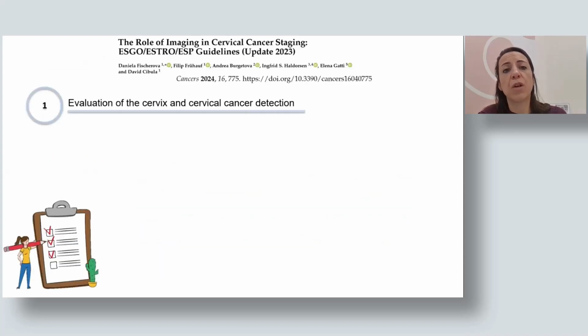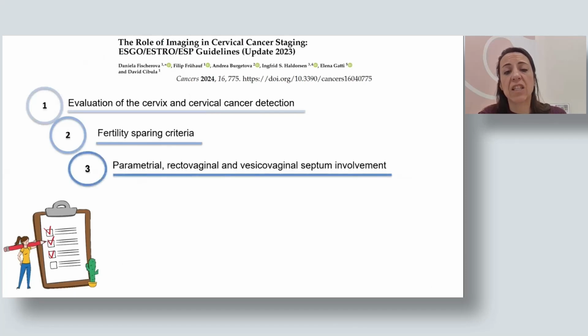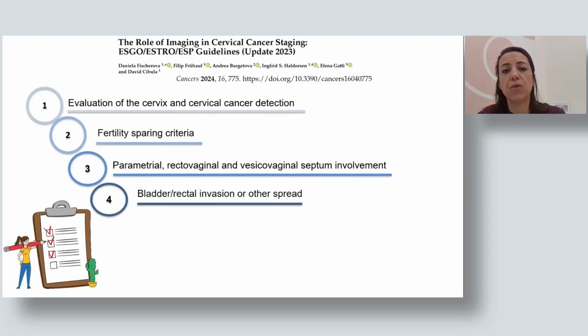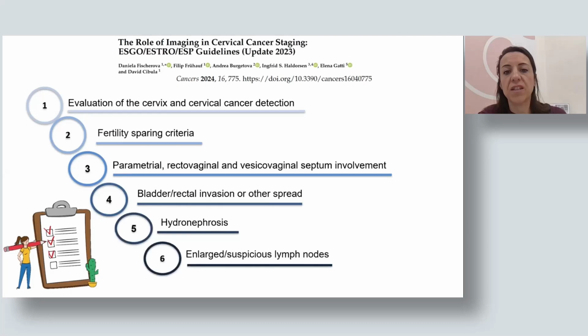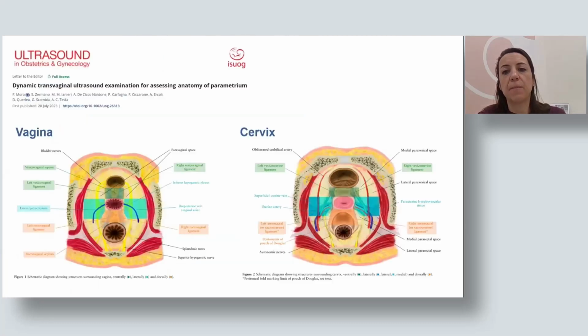So after the evaluation of the cervix and the cervical cancer, and after the examination of the fertility-sparing criteria, we can assess parametria, rectovaginal septum, vesicovaginal septum, bladder, rectum, hydronephrosis, and lymph nodes.